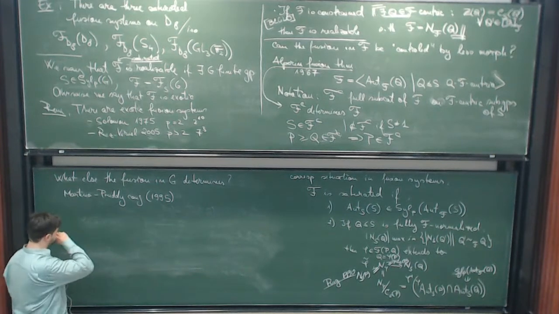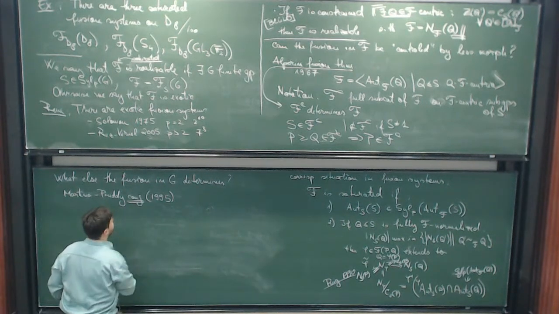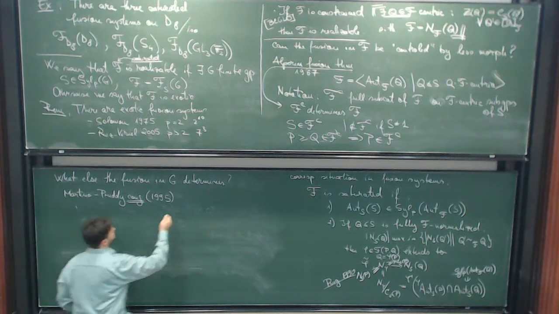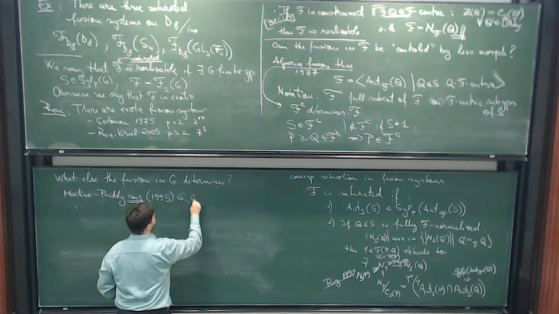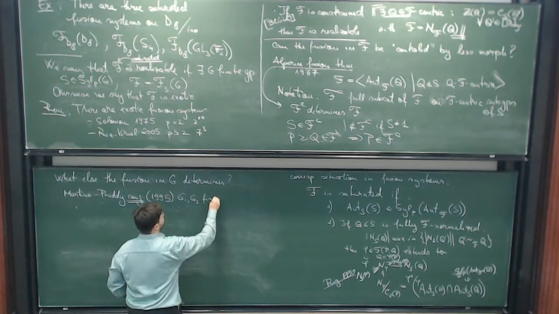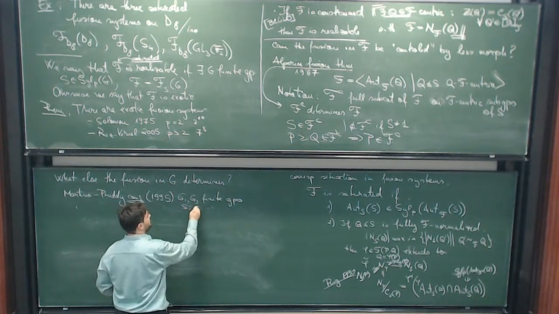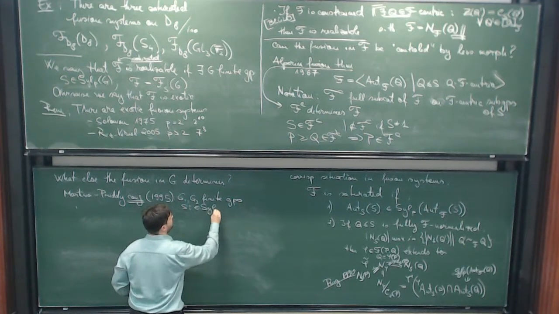It says that, let's say G1, G2 are finite groups, and Si is a Sylow p-subgroup of Gi.